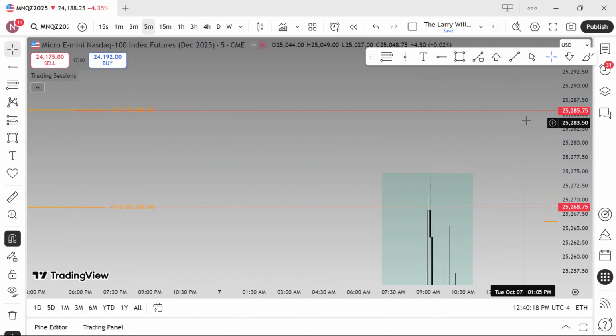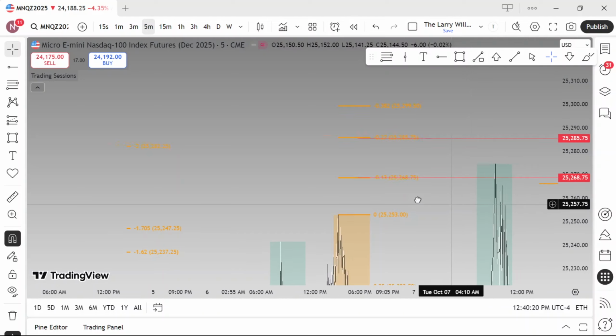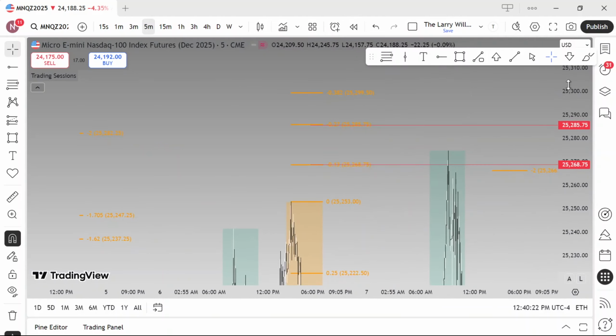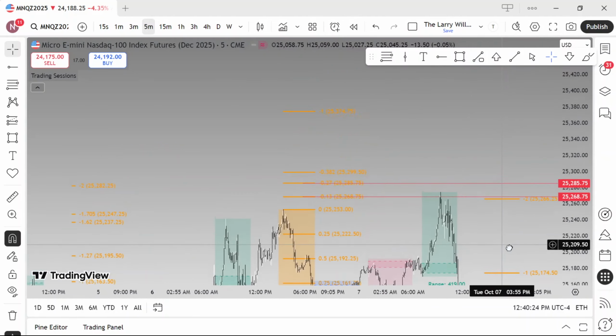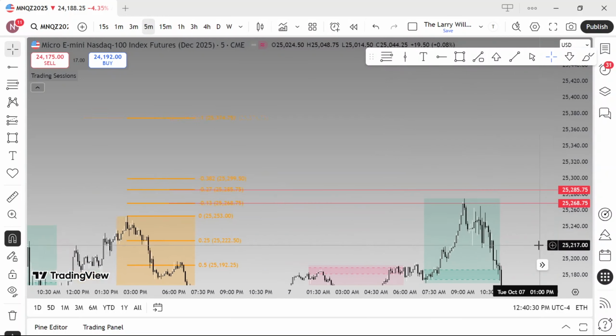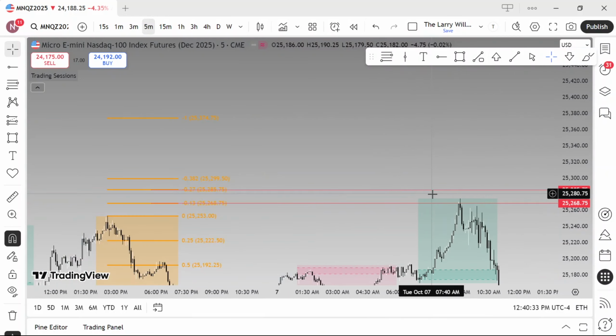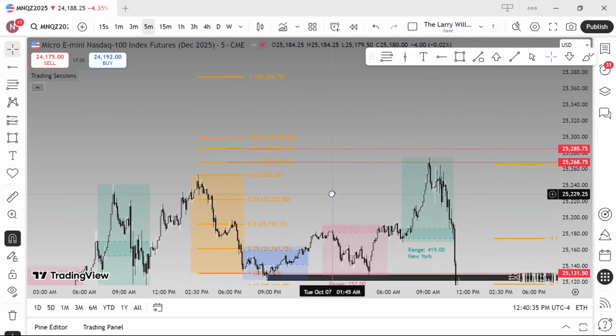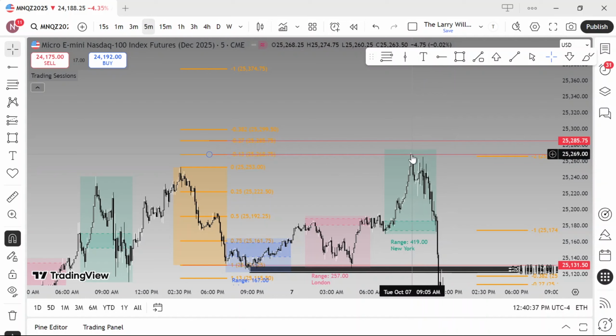But you get the idea. I'm not looking for per tick, because the more moving parts you have, the more complicated and harder trading becomes. So I'm okay if I put my stop loss here, put my entry here, and look at the bodies. Bodies respect that beautifully. Then we start to drop off.